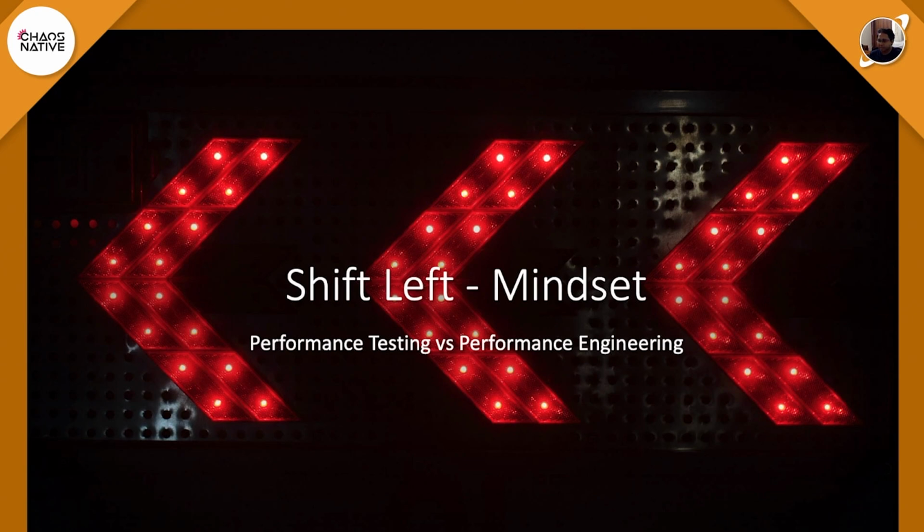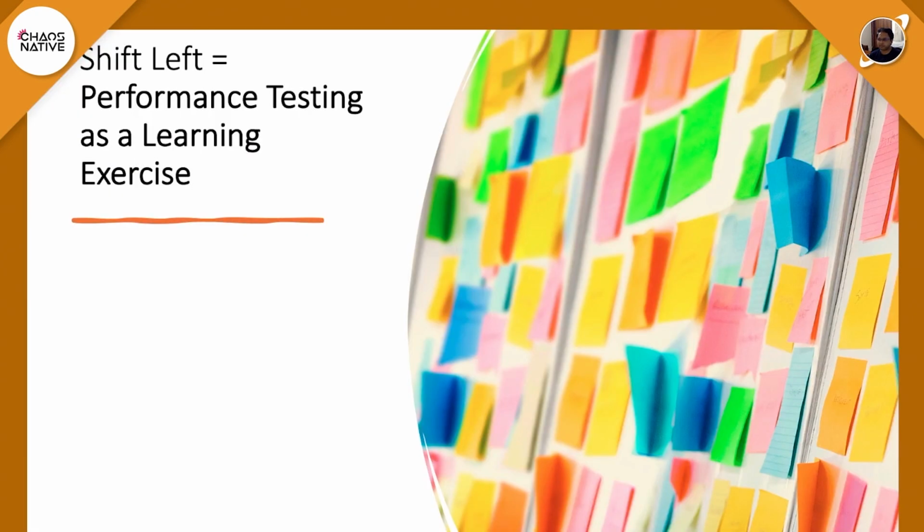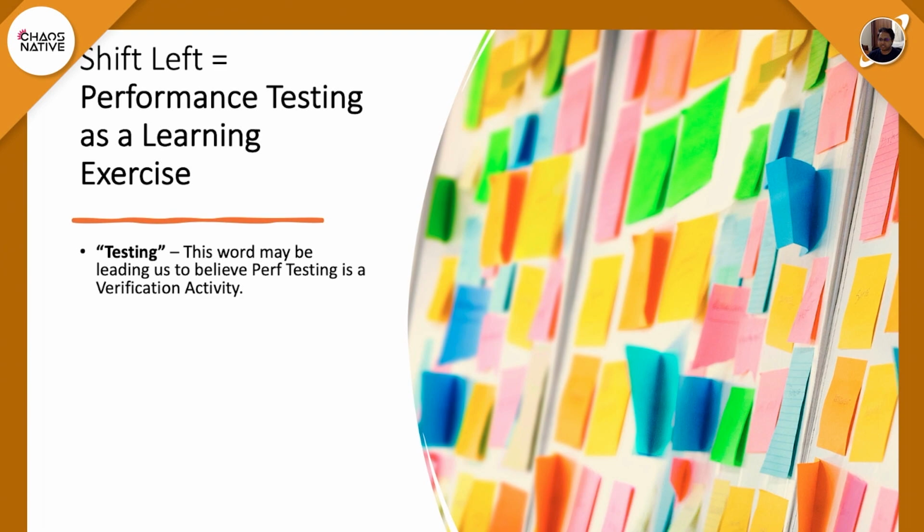Well, with all the topics that we've spoken about today and all the tooling that we've seen, I think the biggest challenge of it all in terms of shifting left and performance testing is the mindset itself. Performance testing versus performance engineering. Let's understand this in a little bit more detail.